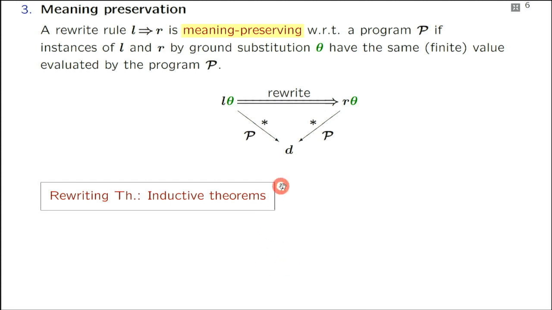And the third is about meaning preservation. A rewrite rule is called meaning preserving with respect to a program P if instances of the left and right sides by a ground substitution theta have the same value evaluated by the program P. This means that, given a rewrite rule, we can have an instance of a rewrite step by substitution theta.